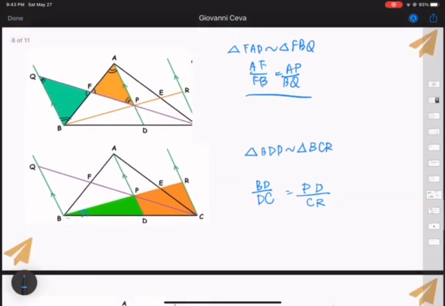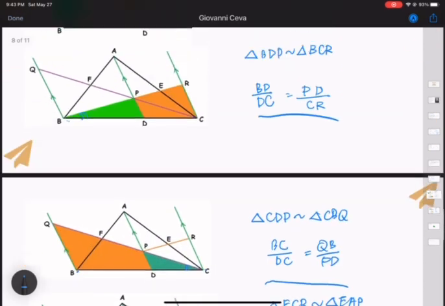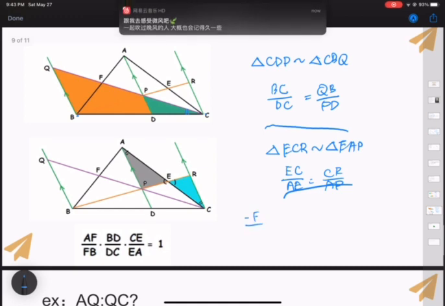Then we write those four equations in one.